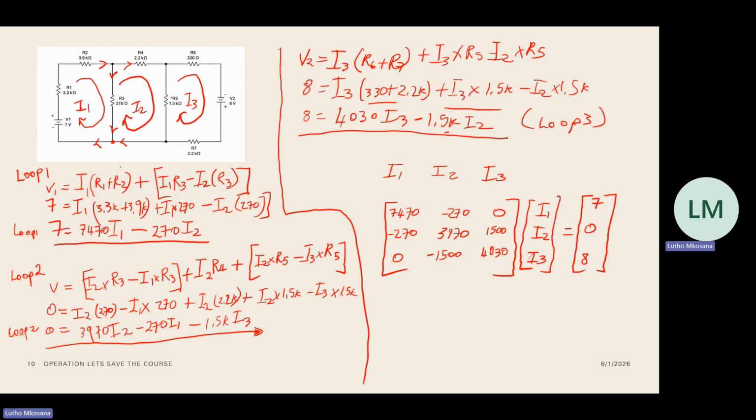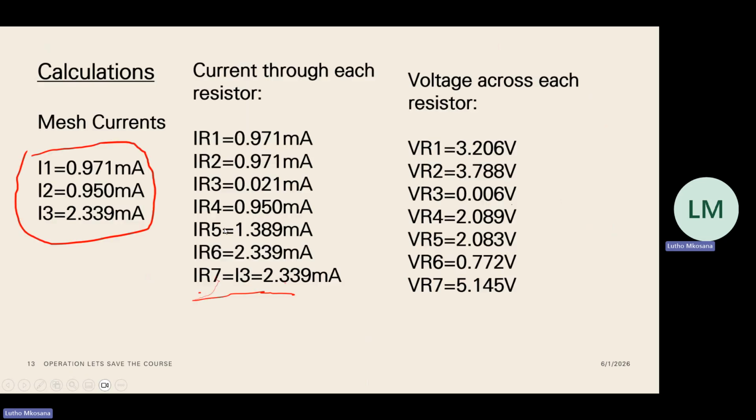So once we are able to determine this current direction, we'll be able to determine the current according to I1, what IR3 is. IR3 is I1 minus I2. So we then get our current in each resistor, and then it's Ohm's law from there.